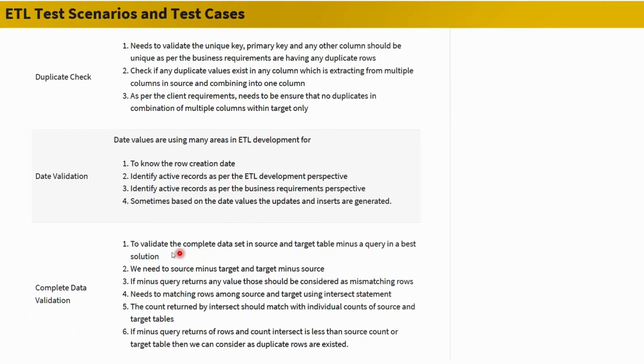These are the test cases to validate the complete data set in the source and target table. Using minus queries is the best solution: we need to do source minus target and target minus source, and we also make sure that if a minus query returns any value, those should be considered as mismatching rows. We also need to match rows between source and target using intersect statements.